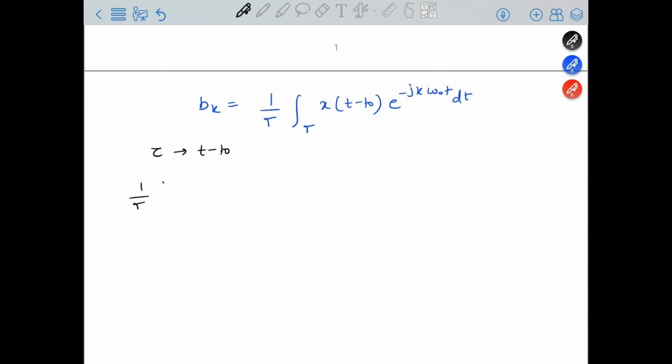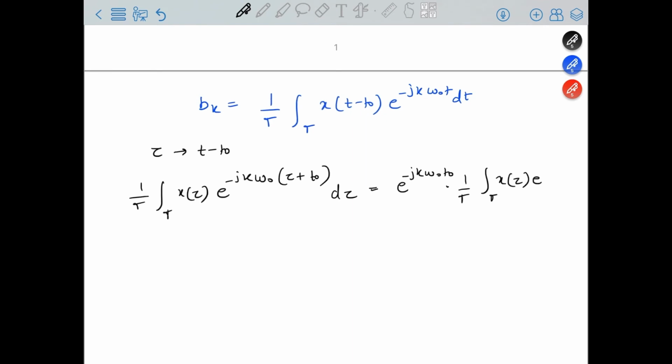We will get 1 over T integral over T of x(tau) e^(-jk omega_0 (tau + t_0)) d tau, and that will be equal to e^(-jk omega_0 t_0) multiplied by 1 over T integration over the period T of x(tau) e^(-jk omega_0 tau) d tau.